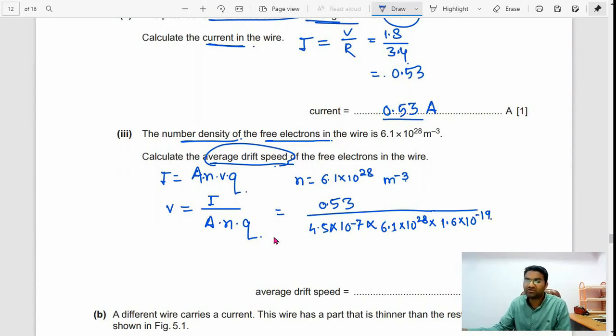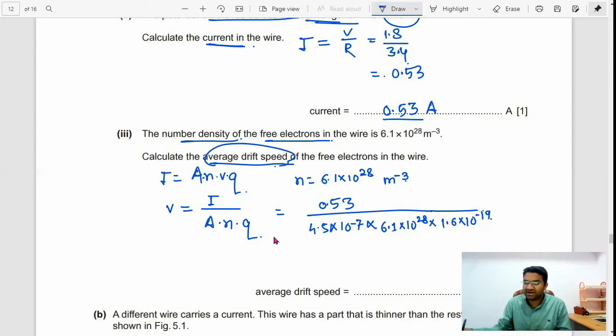If you calculate this one, you will get, okay, stop this video and just calculate this one. It's 0.53 over 4.5 times 6.1 times 1.6 times 10 raised to 28 times 10 raised to negative 19.